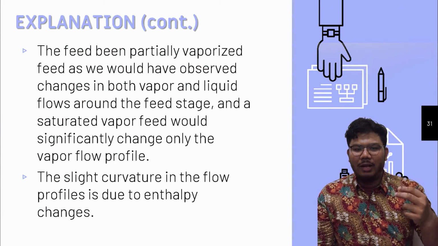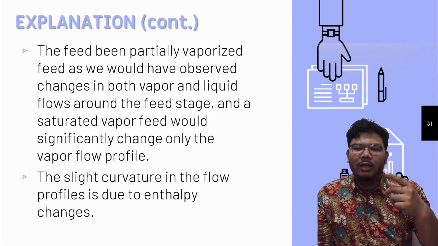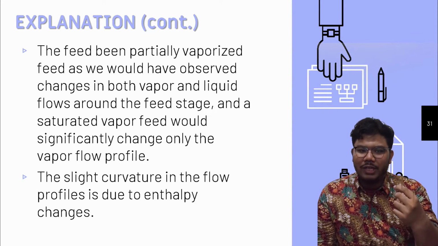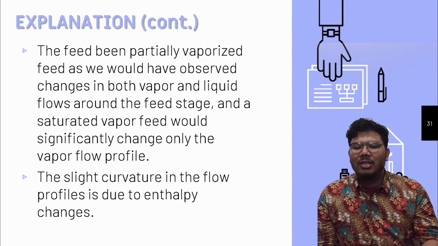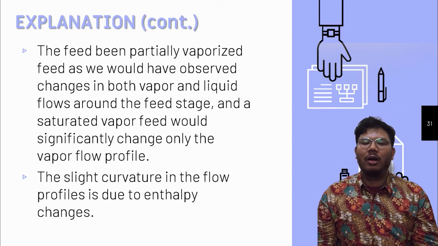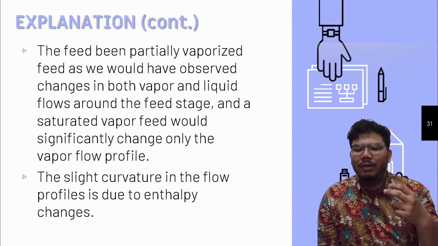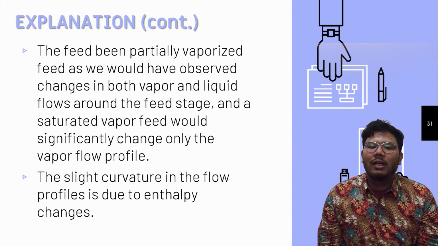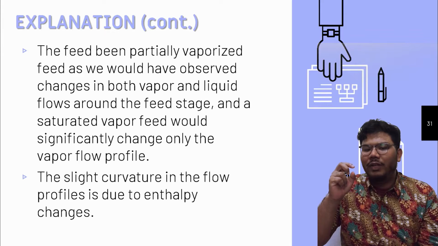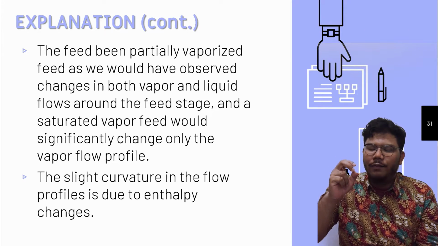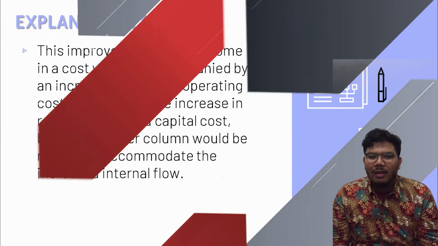With the feed being partially vaporized, we would observe changes in both vapor and liquid flows around the feed stage, and a saturated vapor feed would significantly change only the vapor flow profile. The slight curvature in the flow profile is due to enthalpy change.